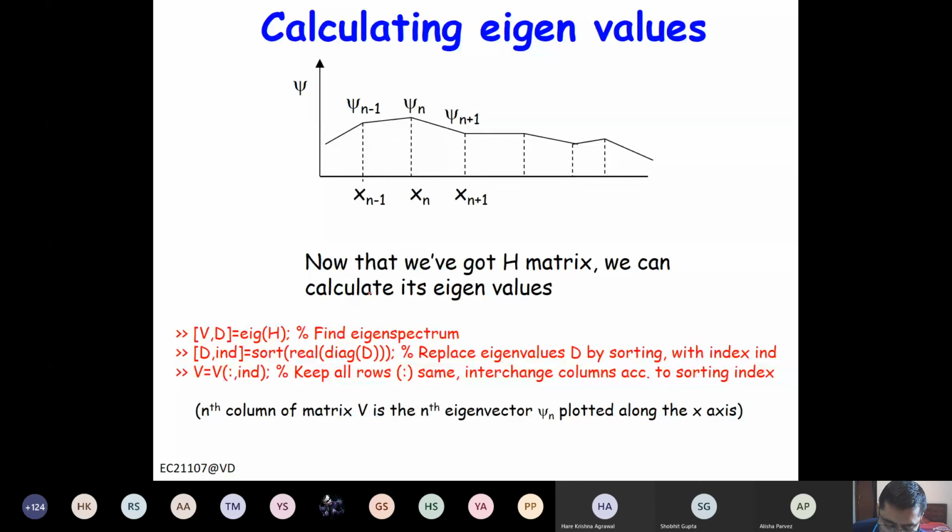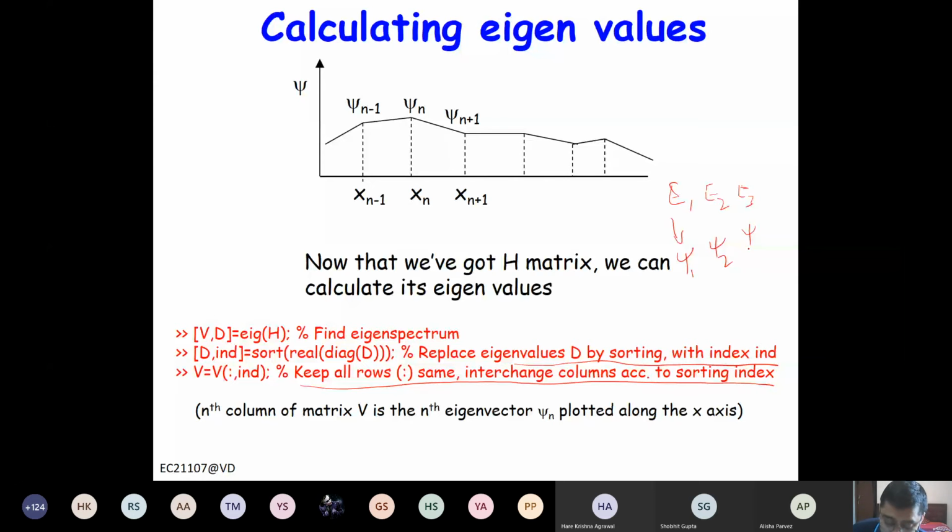So the eigenvalues we get in terms of a vector d. Corresponding index, you can sort it, and you can replace those eigenvalues d by sorting with index, and you can keep all the rows the same, interchanging the columns according to the sorted index. So this will give you, let's say, your eigen energies E1, E2, E3 sorted, and the corresponding columns will have their psi 1, psi 2, psi 3, so that we can plot it.